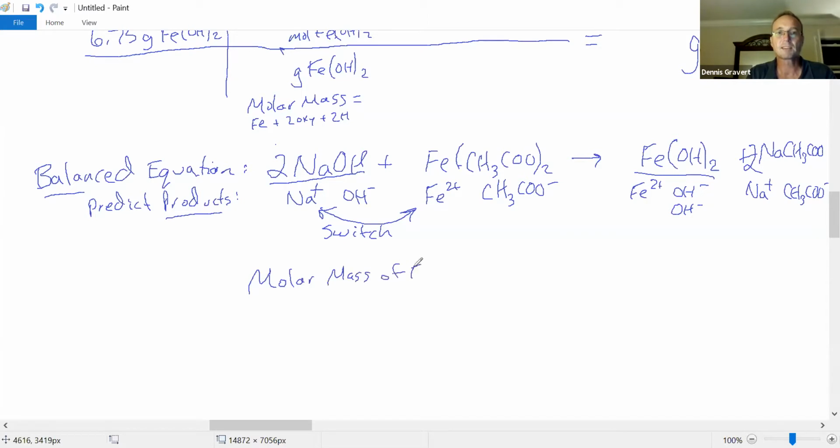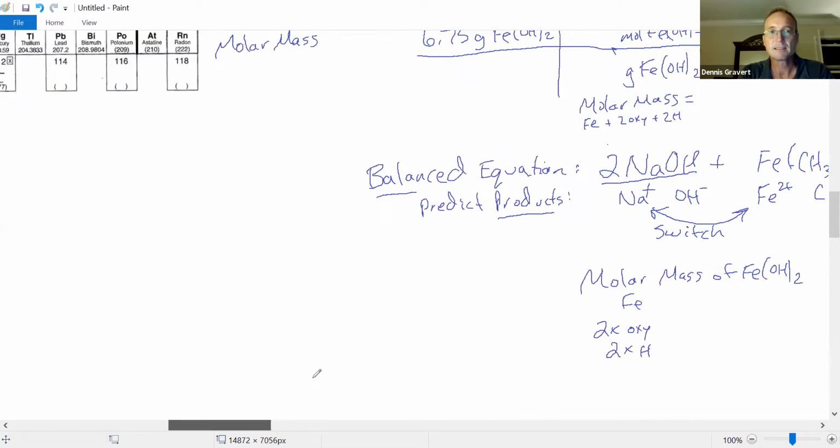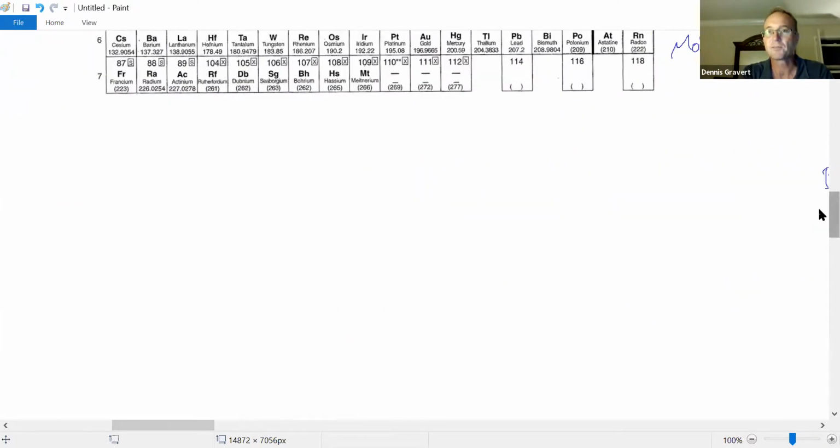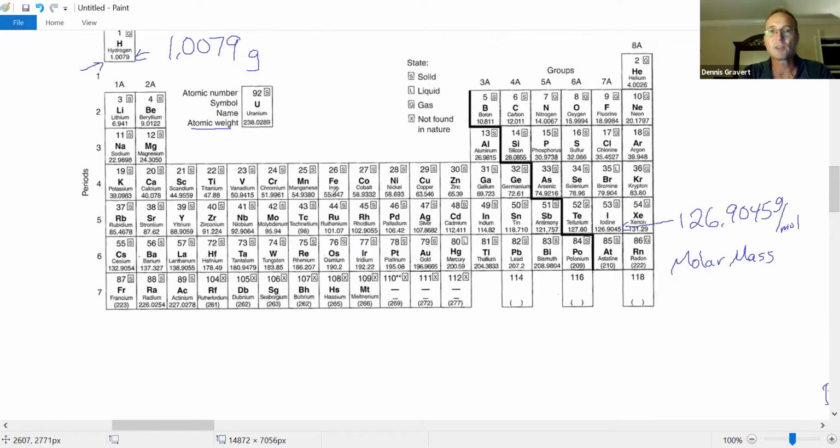So the molar mass of iron hydroxide, iron 2 hydroxide, is the weight of 1 iron, the weight of 2 oxygen atoms, and the weight of 2 hydrogens. Go to the periodic table. Iron weighs 55.847. Hydrogen is 1.0079. Oxygen is 15.9994.